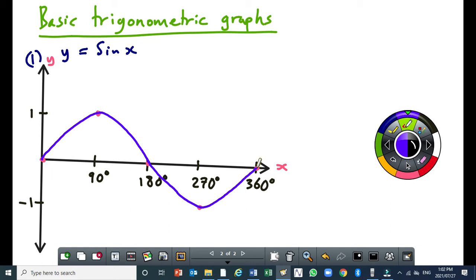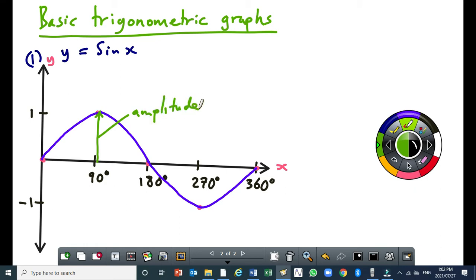All right, so from here, I just want you to be aware that this distance here, you know this already, right? Hopefully. That distance there is the amplitude. The amplitude is the height of a crest.